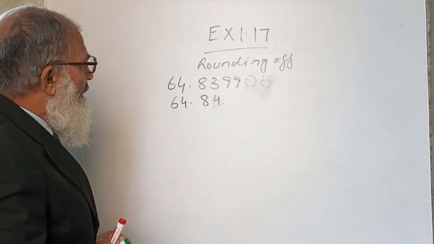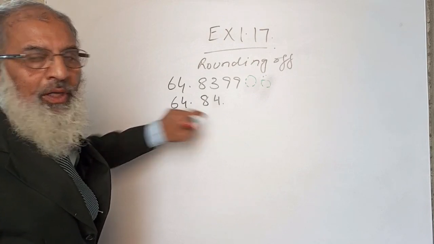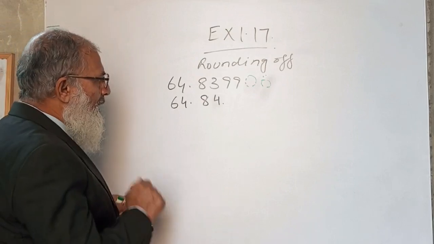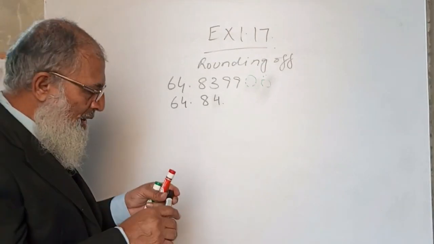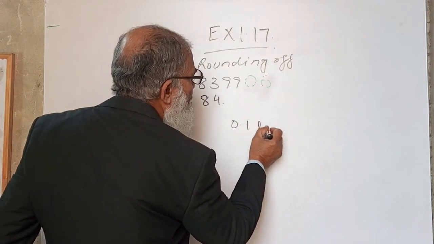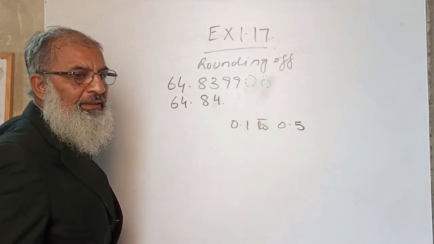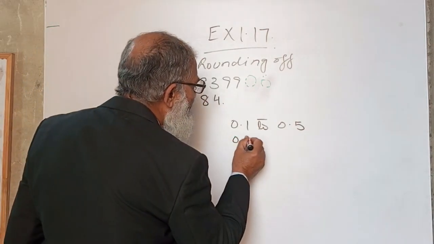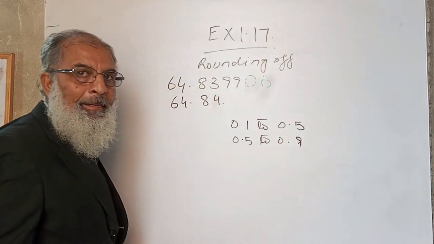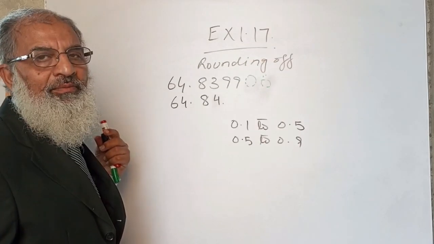Here we have come up with 4. So I told you a rule: if it is 0.1 to 0.5, just ignore these. And if it is greater than 0.5 up to 0.9, then take the next digit towards the left.